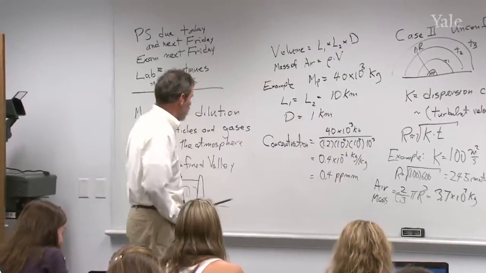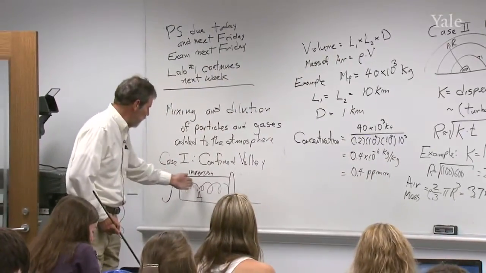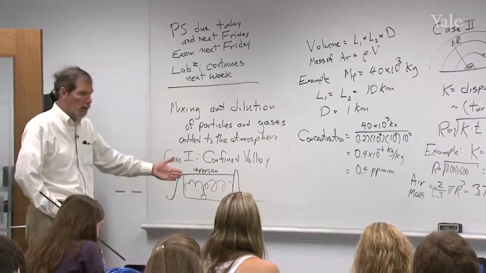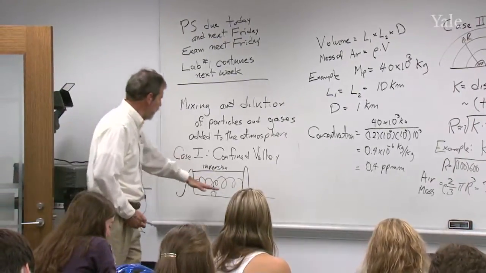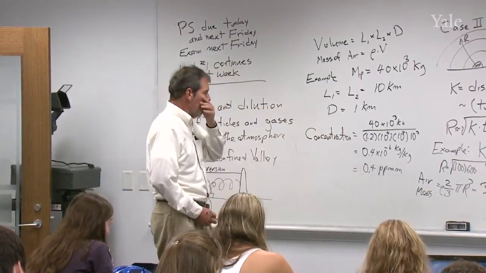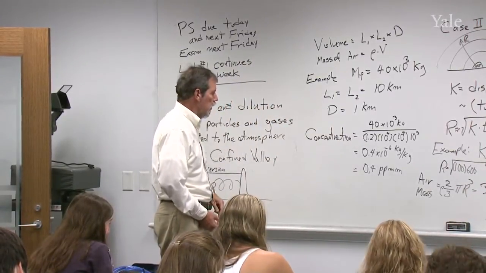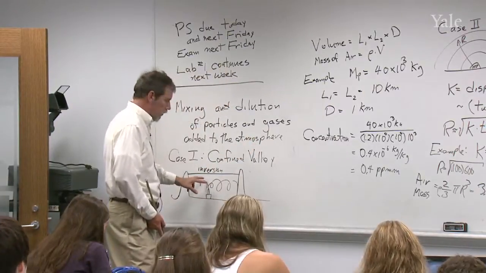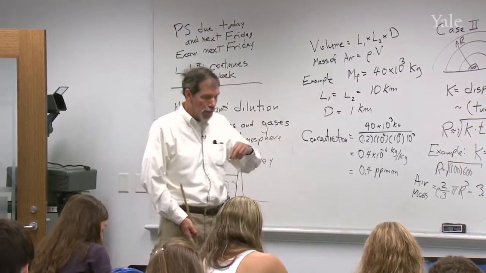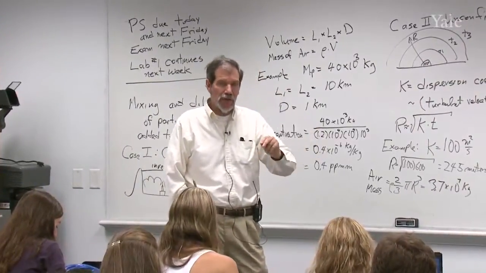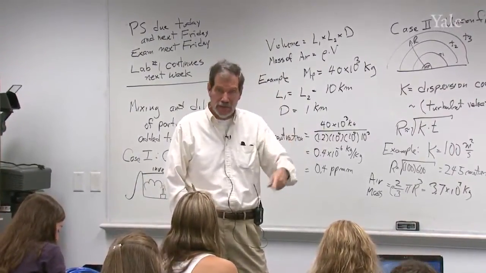Let's say that the horizontal dimensions of the valley are 10 kilometers in one dimension and 10 kilometers in the other dimension, and that the depth to the inversion is 1 kilometer. So then the concentration of the pollutant is going to be the mass of the pollutant divided by the mass of the air into which it has mixed.